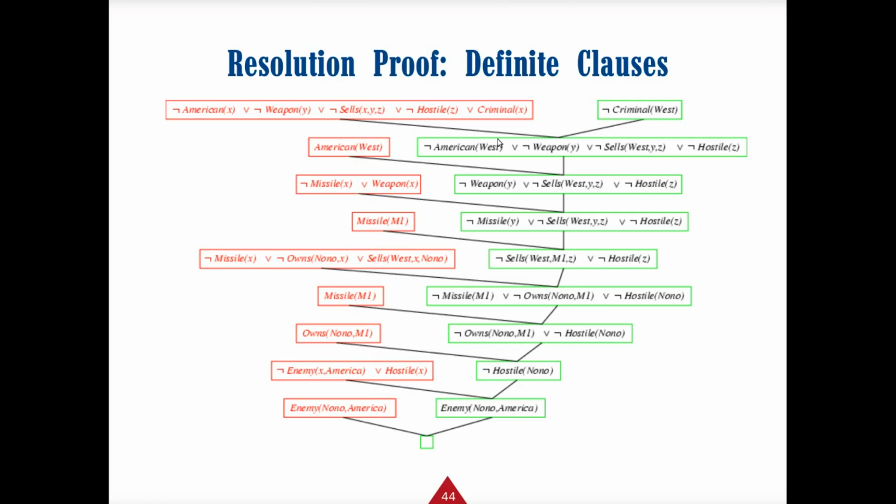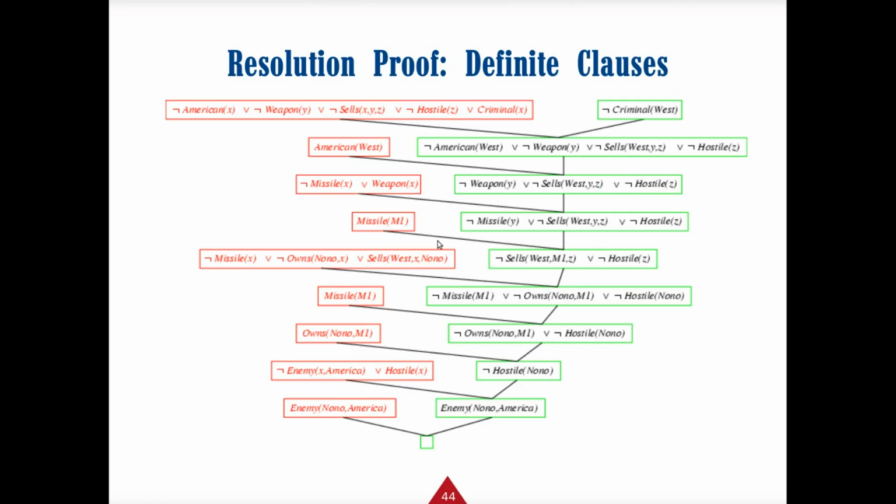We define West as an American. So we're going to say, is West not an American? Well, that is contradictory, so we're going to get rid of that one. And then we're going to say missiles, if you're not a missile or it's not a weapon. And so basically we're going to define West as a criminal. And since it's not, we're going to define West as not a criminal.